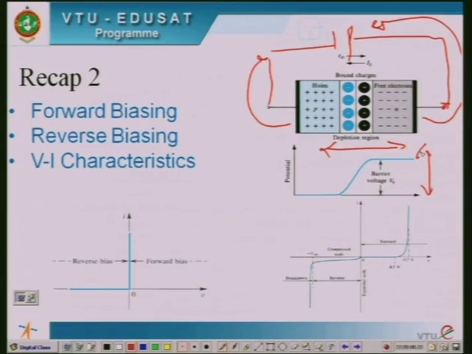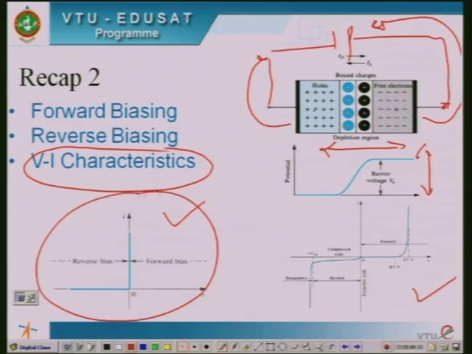And also we have discussed the VI characteristics, the VI characteristics of an ideal diode as well as of a practical diode. In the case of the ideal diode, for V less than 0 the current is 0, so you will get this particular characteristic.